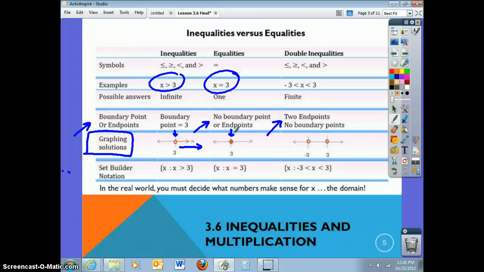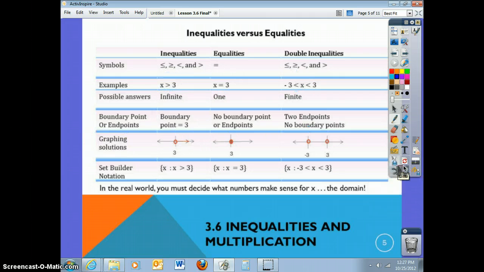And when you graph a double inequality, you do similarly. If it's the less than symbols, but does not include the equal, then you have open circles saying it's here at negative 3 and positive 3, but it doesn't include them.